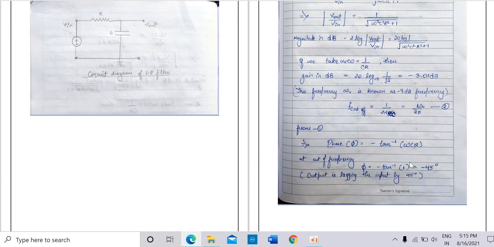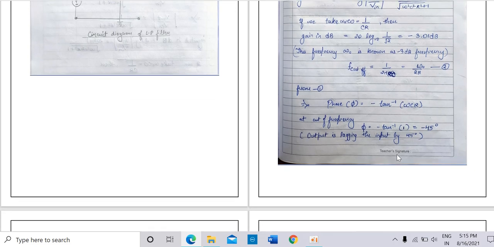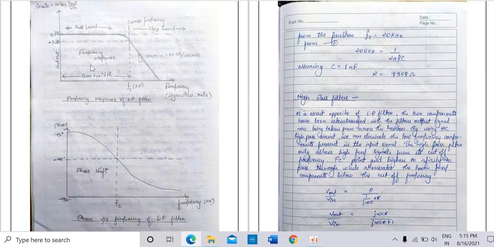At cutoff frequency, this phase becomes minus 45 degrees, that is, the output is lagging the input by 45 degrees. We can see the Bode plot here. At low frequency the output remains equal to the input, and after the cutoff frequency it gradually decreases with a slope of minus 20 dB per decade.